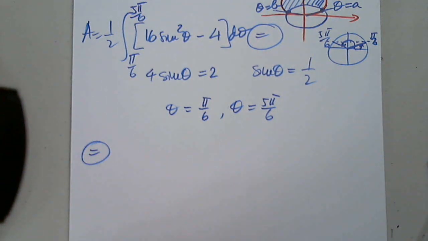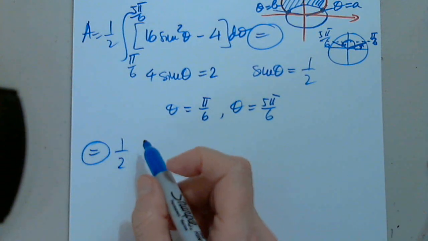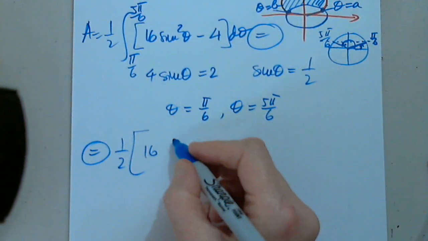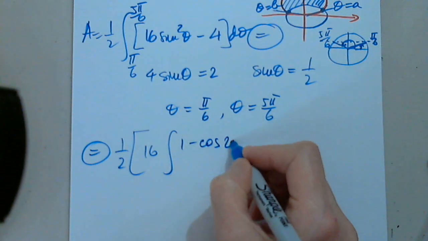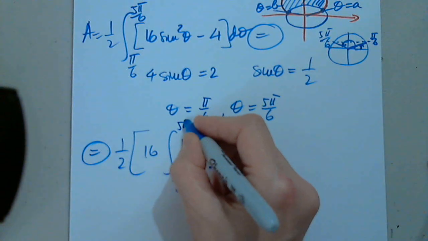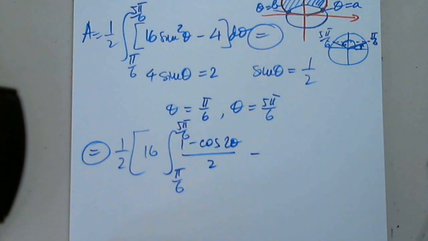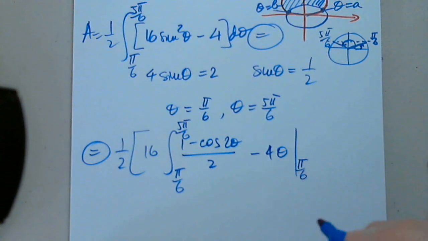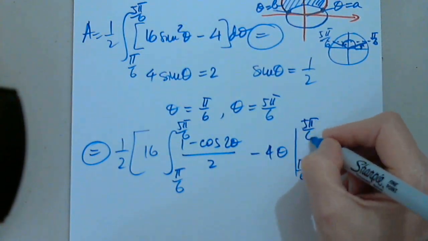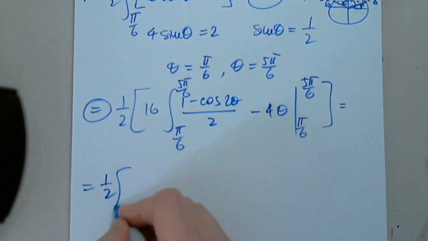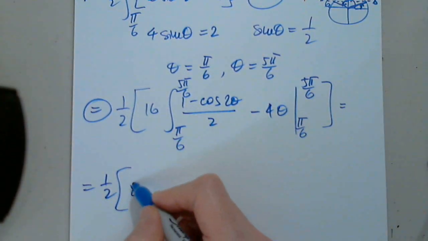So let's see. 1/2 outside. Then we have 16 sine squared, which has to be changed into 1 minus cosine 2 theta over 2, of course, from pi over 6 to 5 pi over 6, and minus 4 theta from pi over 6 to 5 pi over 6. Okay, so this is 1/2, and this is 8.